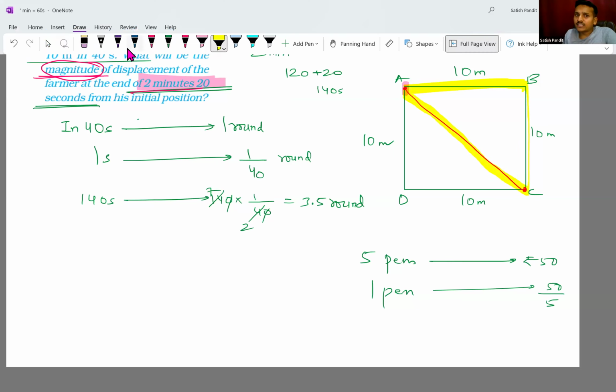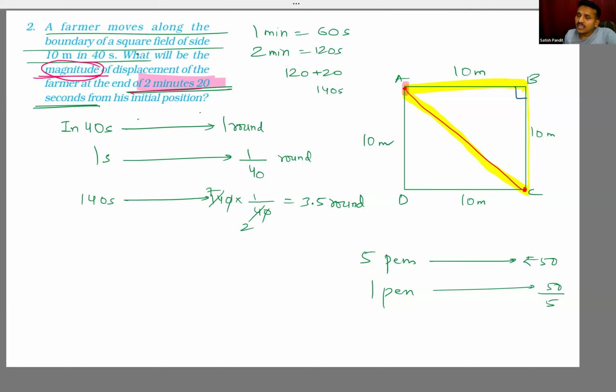And in mathematics, you have learned that in a square, each of the angles is 90 degrees. Yes or no, everyone? So if this is 90 degrees, the side opposite to it will be the hypotenuse. So I can apply the Pythagoras theorem, and I'll get AC square is equal to AB square plus BC square.